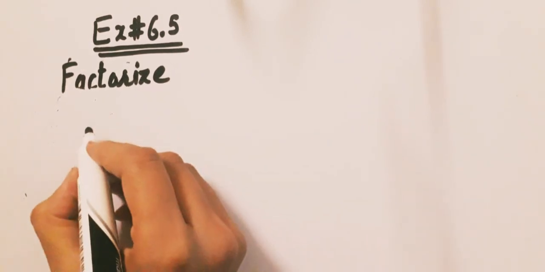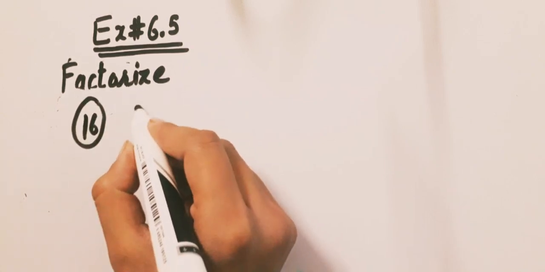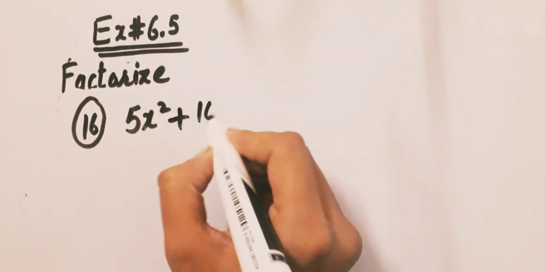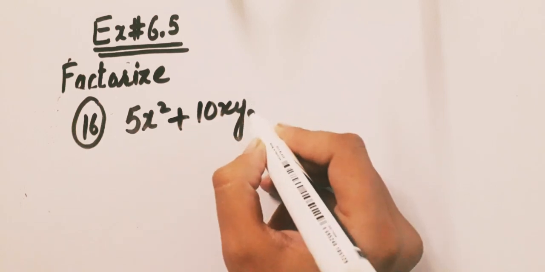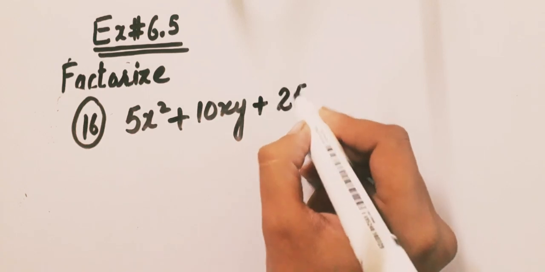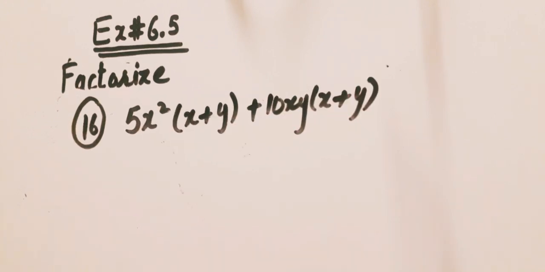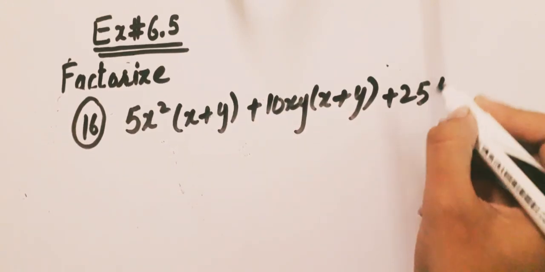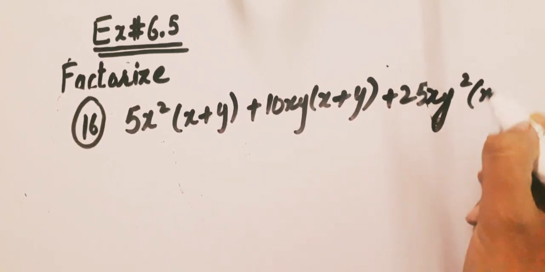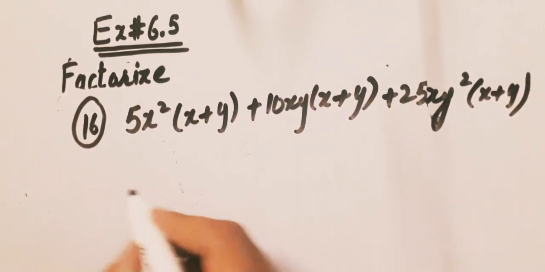Now we will solve part 16, that is 5x2 plus 10xy plus 25xy square into x plus y. Now you will take x plus y as common.